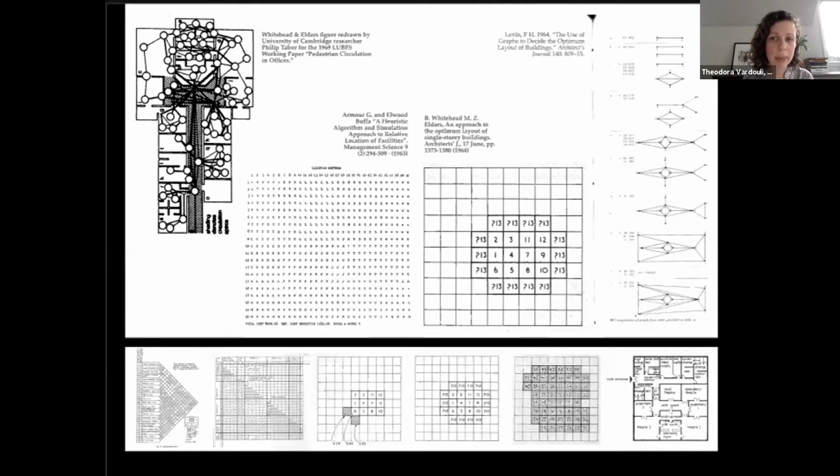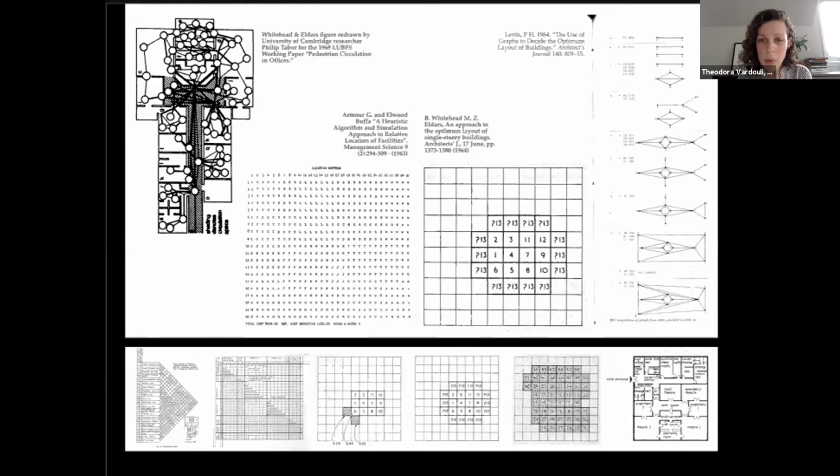I have a paper that's just out with one of my colleagues, David Theodora, in the Annals of the History of Computing journal that looks a little bit at this history of mapping activities and automating floor plans in the context of post-war hospital design in the UK.